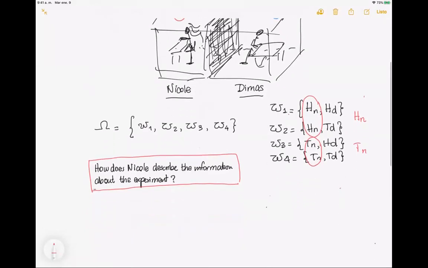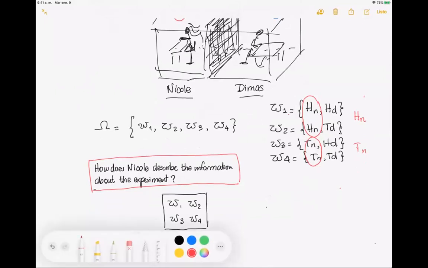To visualize this, what happens is the following. If we picture the set omega as having its 4 elements, it's a very simple example, but it contains the elements for much more complex models in probability. If we think about omega this way, what we see is that Nicole actually creates a partition of omega into 2 subsets: the subset corresponding to heads on the nickel, and the subset corresponding to the event that the nickel comes out tails.